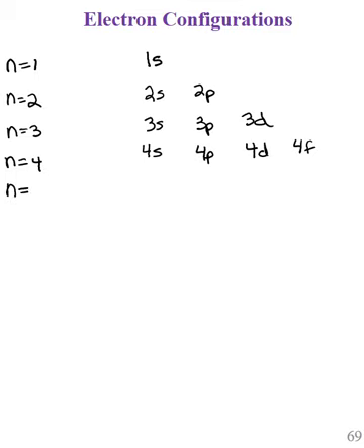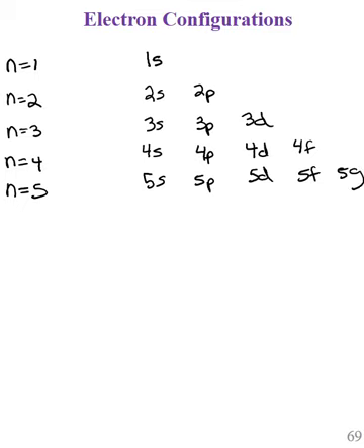And let's look at the fifth one. How many orbitals are here? There'll be 5. We get the 5s, the 5p, 5d, the 5f. But what comes after f? Remember, after f, it's alphabetical, so it's 5g.